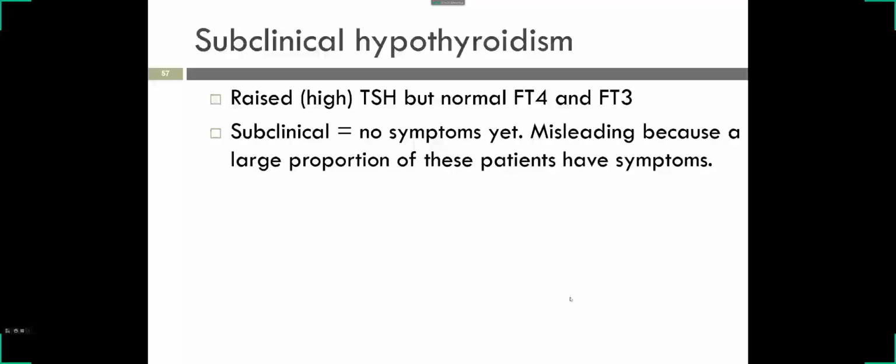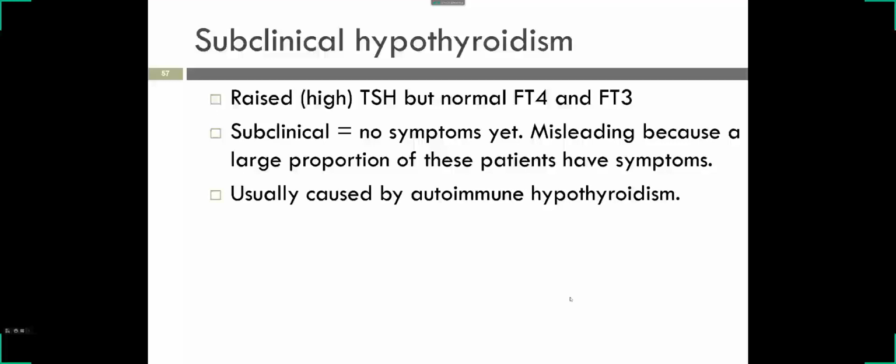So subclinical just means that the patient has no symptoms yet, but it's very misleading because a large proportion of these patients will have mild symptoms that they have not recognized, or you as the clinician will not have recognized yet. And in many cases, it's caused by an autoimmune hypothyroidism. So the patient will have a viral infection or a bacterial infection.